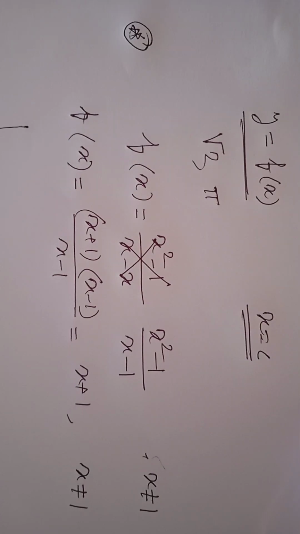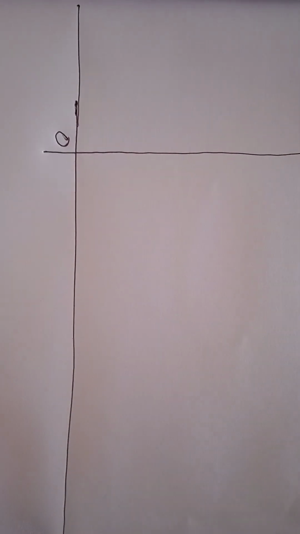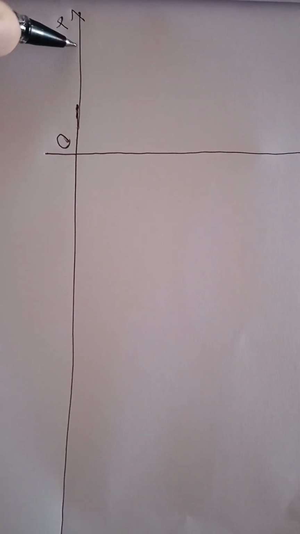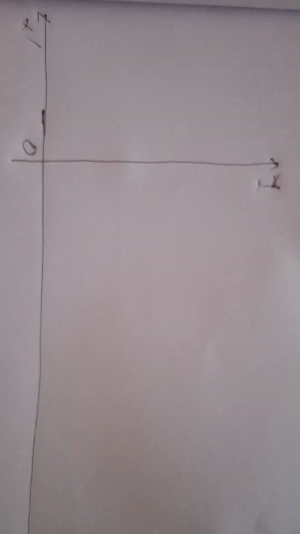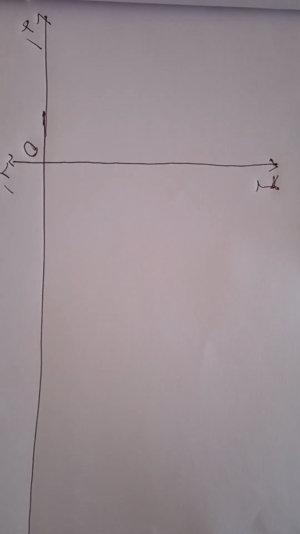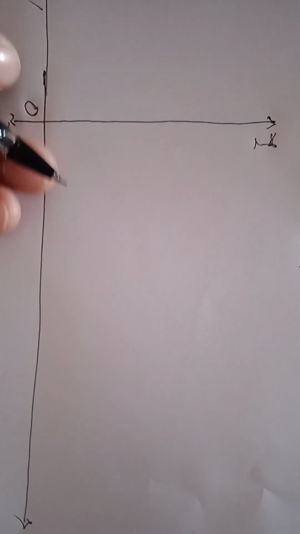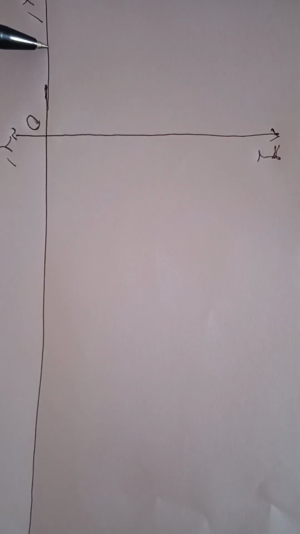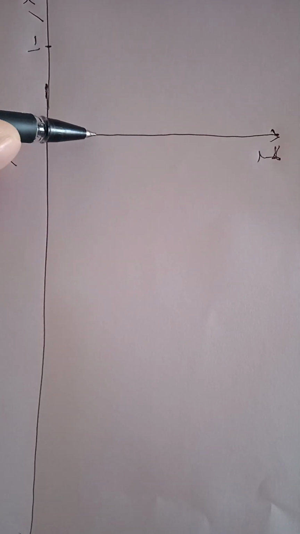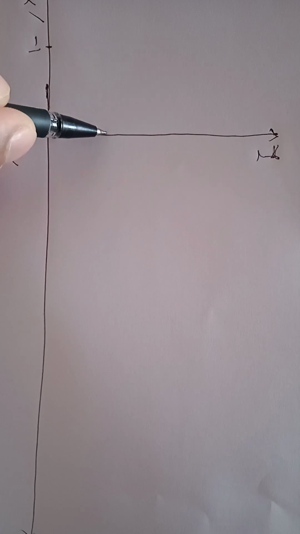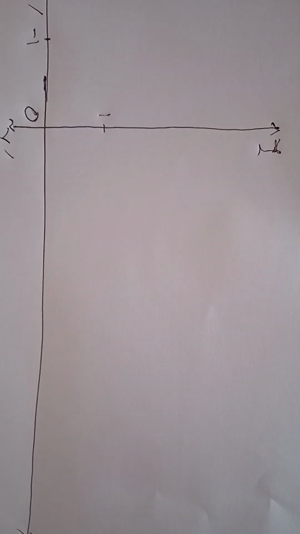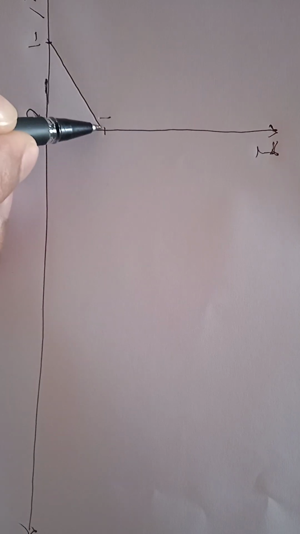This is the y-axis, this is the x-axis, this is the origin. Suppose this point is minus 1 and this point is approximately 1. So the graph of this function should be like this.